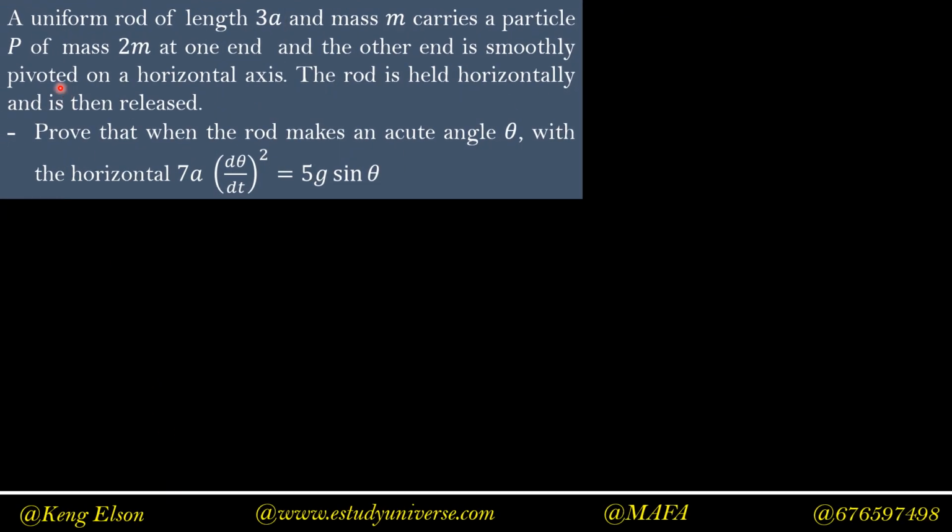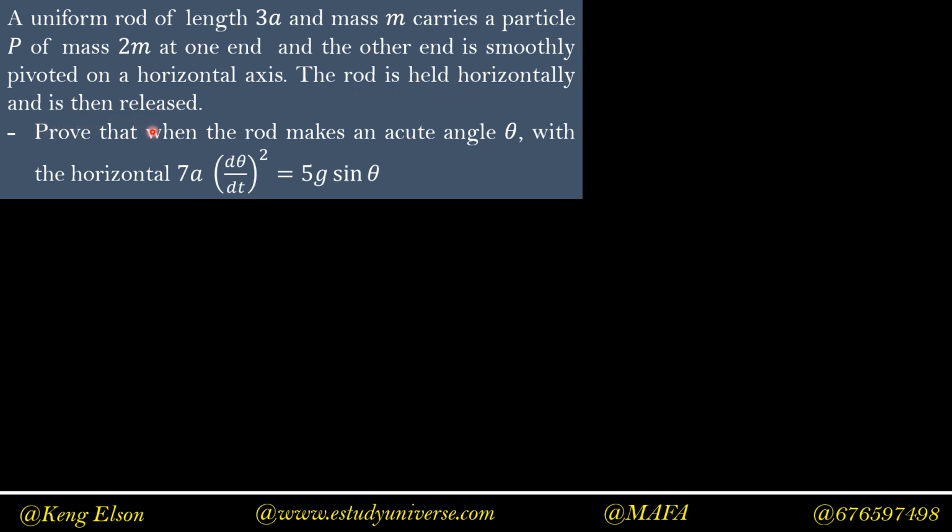Alright, so the question reads: a uniform rod of length 3a and mass m carries a particle P of mass 2m at one end, and the other end is smoothly pivoted on a horizontal axis. The rod is held horizontally and is then released.